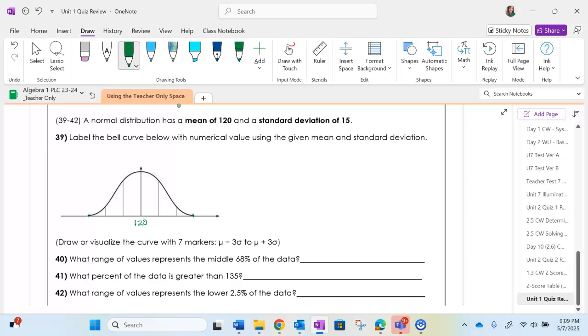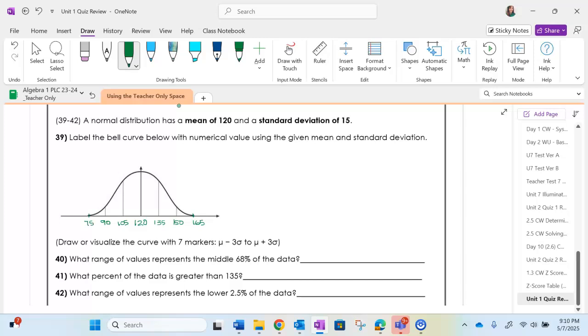Now going to the right, we're going to add 15, so it becomes 135, 150, and 165. And going to the left, it's 120 minus 15, which is 105, then 90, then let's see, 75 sounds about right.